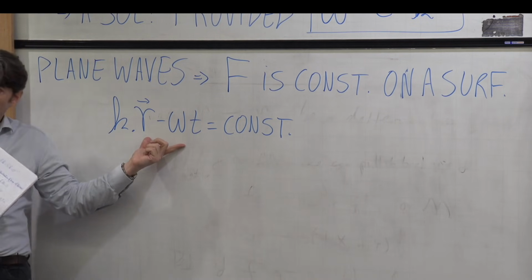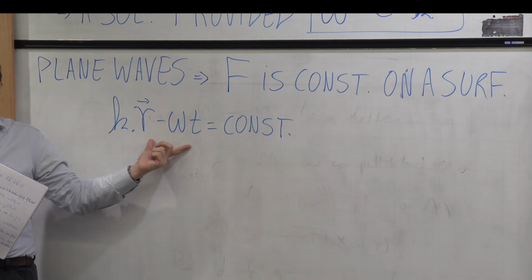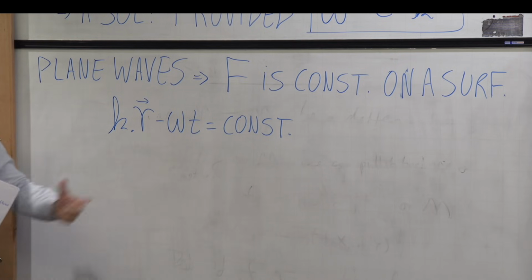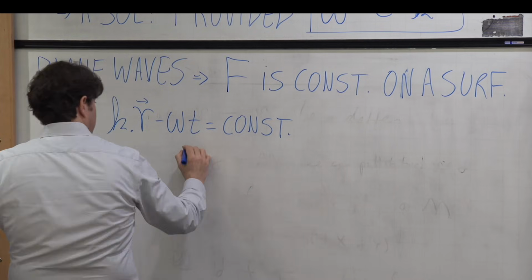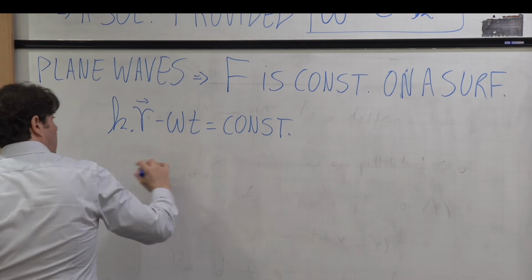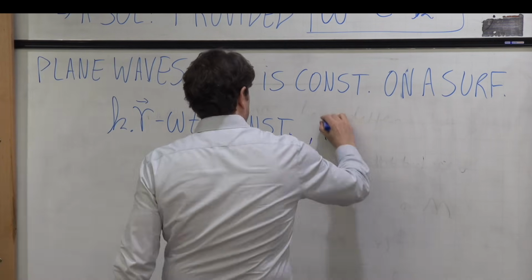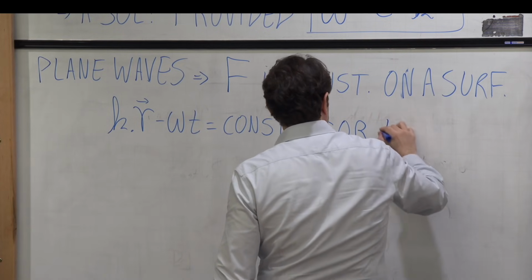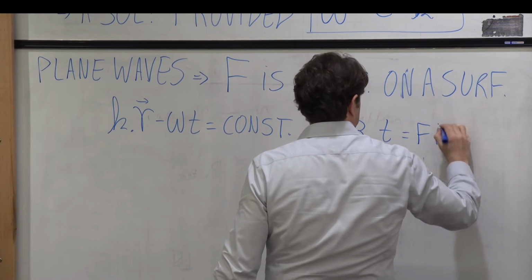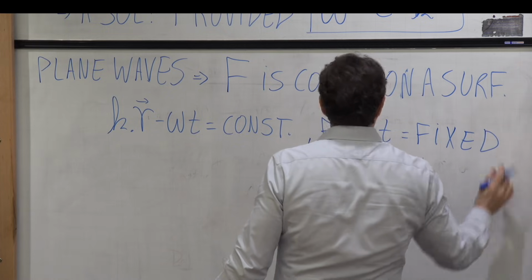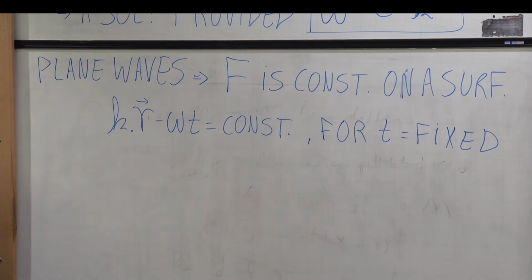It depends on r and t through this combination. Now, imagine that t is fixed. So for t fixed, this one here, in terms of r, is the equation of a plane.